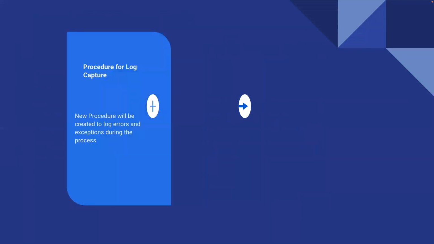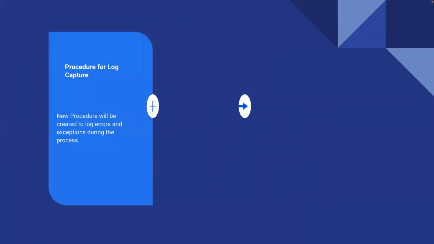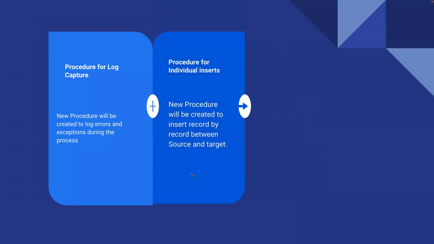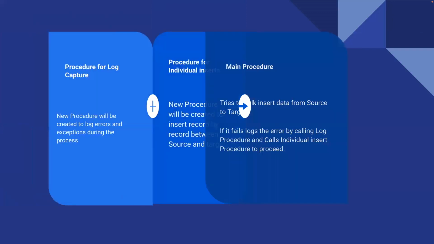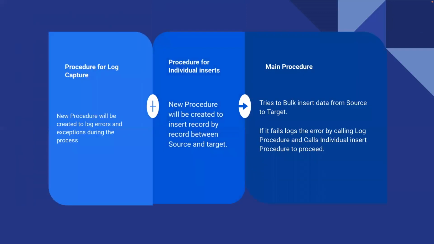The approach that I am going to follow is, first we will write one stored procedure to capture the logs, and then we will write another stored procedure to do the individual inserts. These two will be called from another main stored procedure, where first we'll try to do the bulk insert.